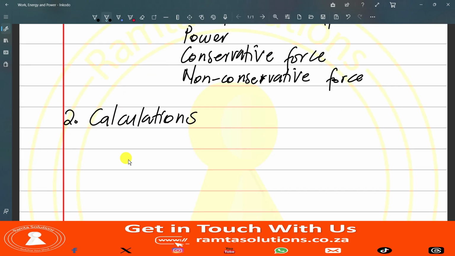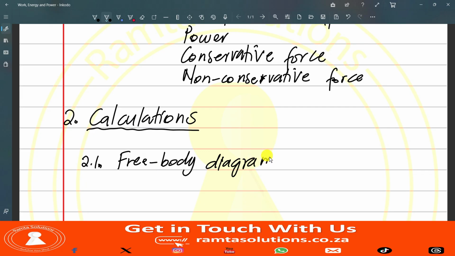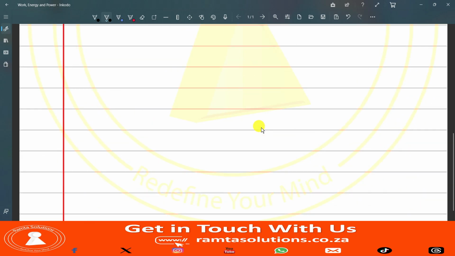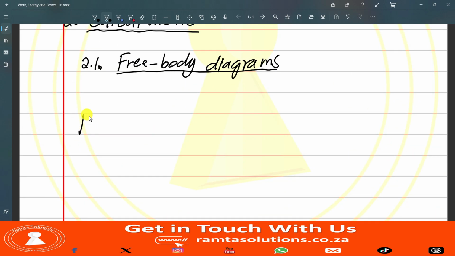Remember, before you do anything in this particular topic, it's important that you draw your free body diagram. So this shows all the forces acting on the object, whether they are doing work or not. I'm going to give you an example of an object being pulled horizontally, and let's say it's a rough surface.